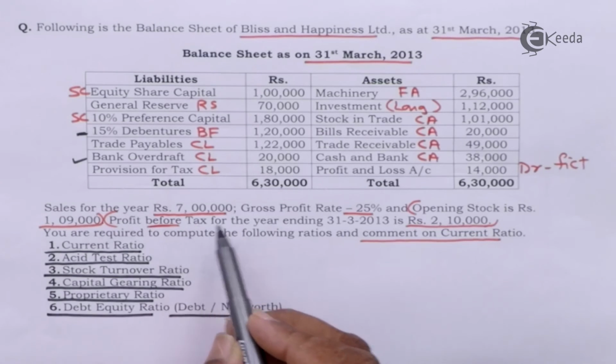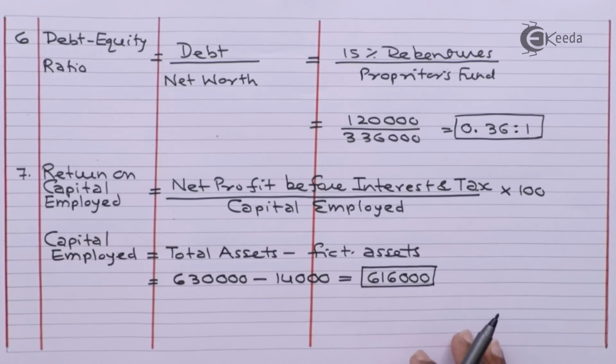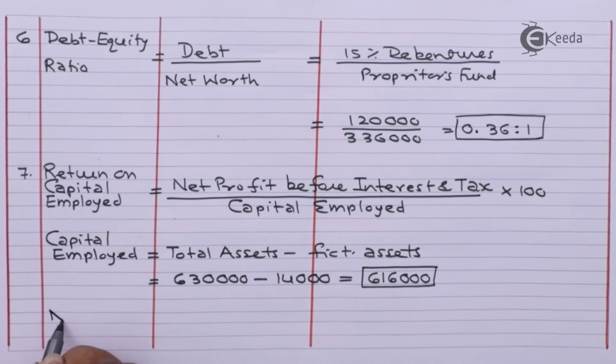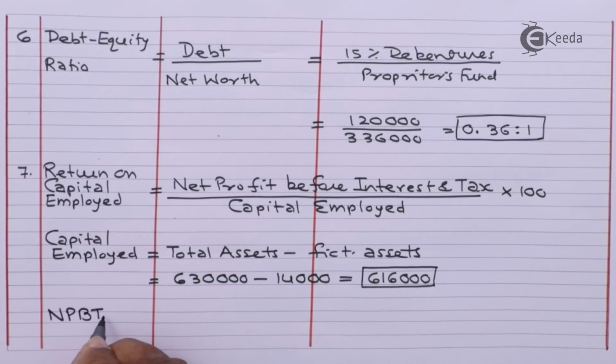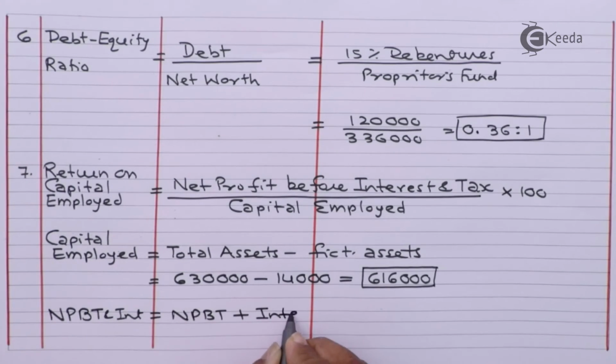Profit before tax is given 2,10,000. Net profit before tax and interest.